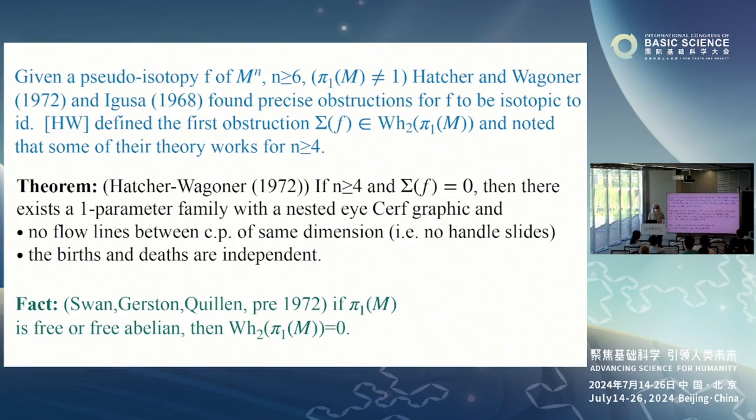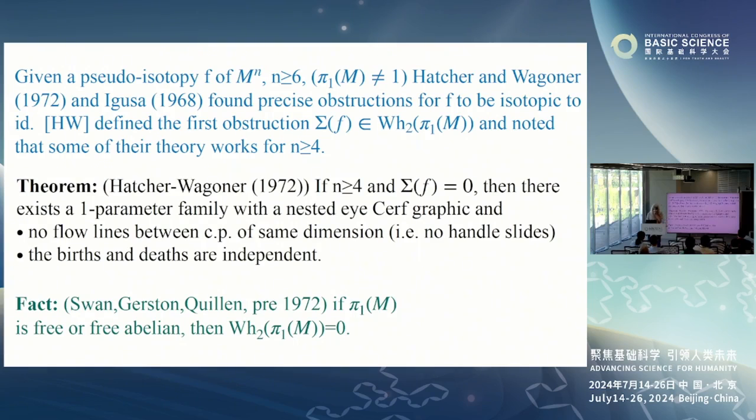And they built this obstruction theory: if you have a pseudo-isotopy and all these obstructions vanish, then in fact the pseudo-isotopy is isotopically standard. Now, this works in high dimensions, so the manifold is at least dimension 6. But to Hatcher and Wagoner's credit, they were very careful to note when things worked in lower dimension.